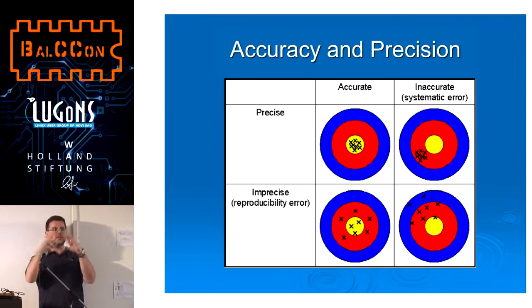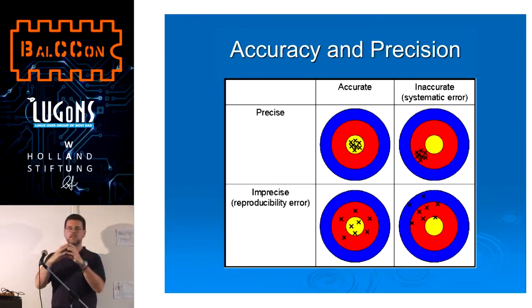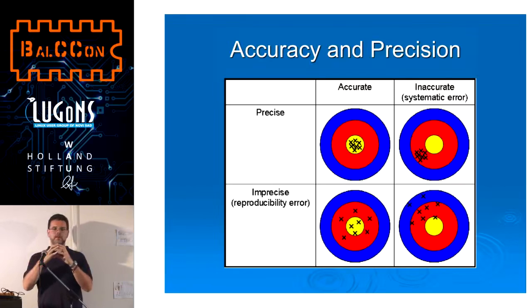Precise means grouping around one exact value, and that means the error is always the same. If I measure 1 volt and get 1.1 every time, that's not accurate, but it is precise.